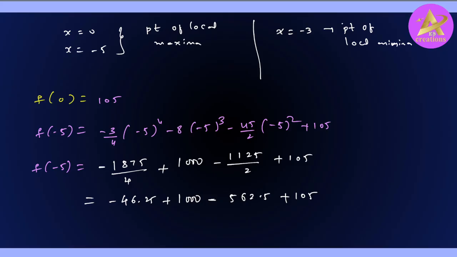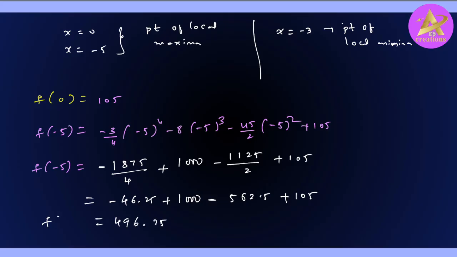Finally, we want to simplify all these values: minus 46.25 plus 1000, minus 562.5 and plus 105.